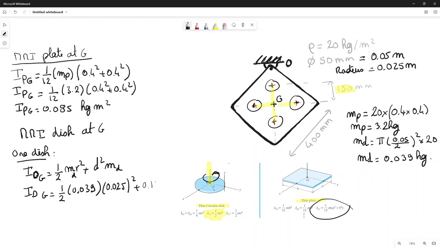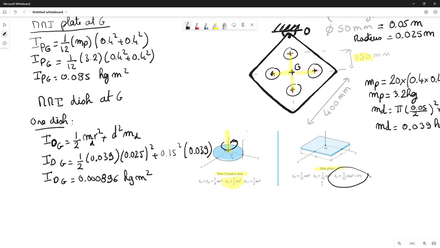So that's 0.15 squared times again the mass, that is 0.039. So the I of the disk is, that's very small, 0.000896 kilogram meter squared.